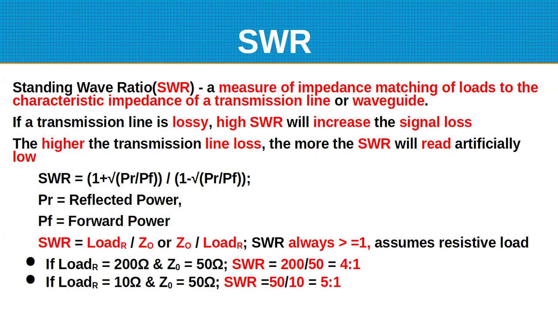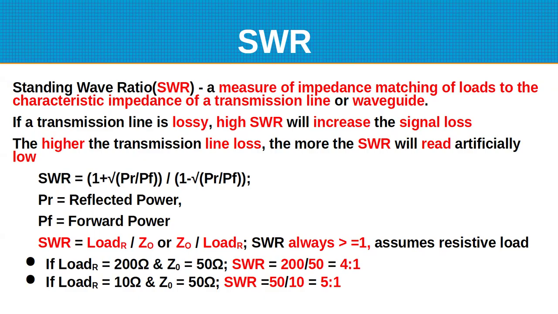If I had a mismatch of, say, an SWR of 2, then I'd be reflecting half of the power back. So I'm going to send 25 watts back. But I'm going to lose half of that on the way back because I got another 3 dB loss in the transmission line. So what I'm going to see is 12.5 watts reflected.